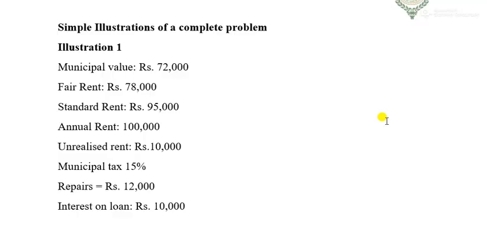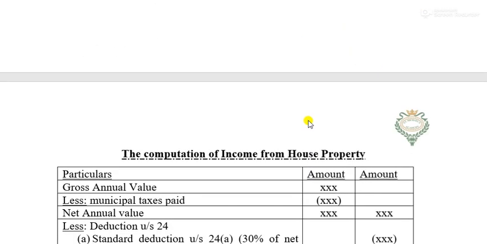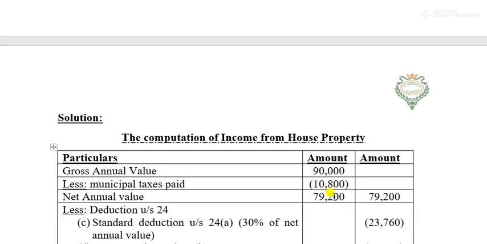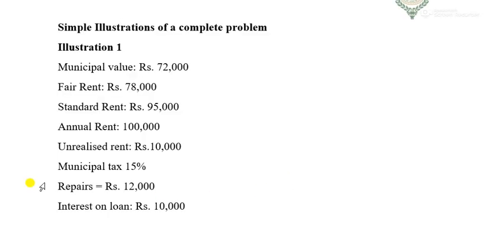Next, we have municipal taxes at the rate 15%. So 72,000 into 15% is equal to 10,800 will be allowed as deduction for municipal taxes. And then the resulting figure 79,200 is the net annual value. Next, we have repairs.